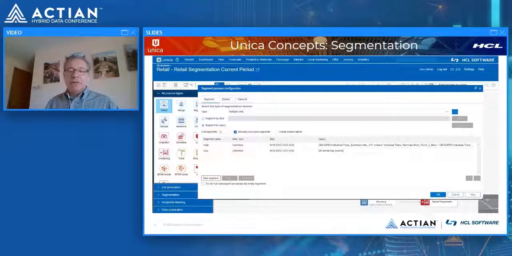So Unica can leverage database functionality for aggregating transactions, events, offer presentations, offer responses, and coming up with the metrics necessary for segmentation based on business rules.